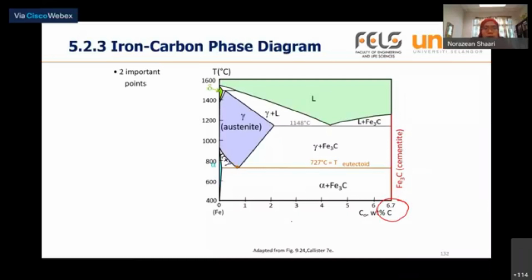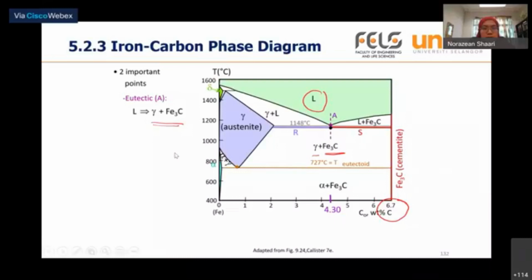So there are two important points in iron carbon phase diagram, which is eutectic yang dekat atas ni. Eutectic means a transition from liquid phase to two different solid phases. In this case, we have gamma and also this iron carbide.